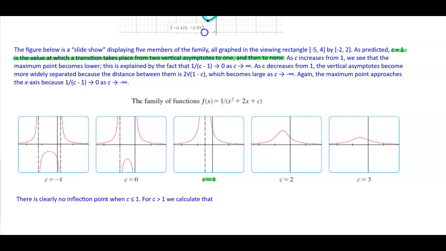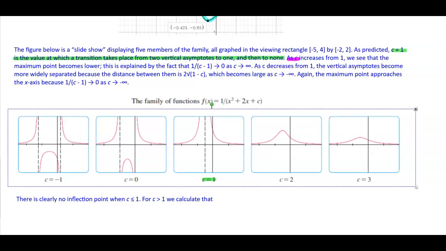And as we see c increases from 1 to 2 and then 3, the maximum point becomes lower. This is explained by the fact that 1 over c minus 1 approaches 0 as c approaches infinity.